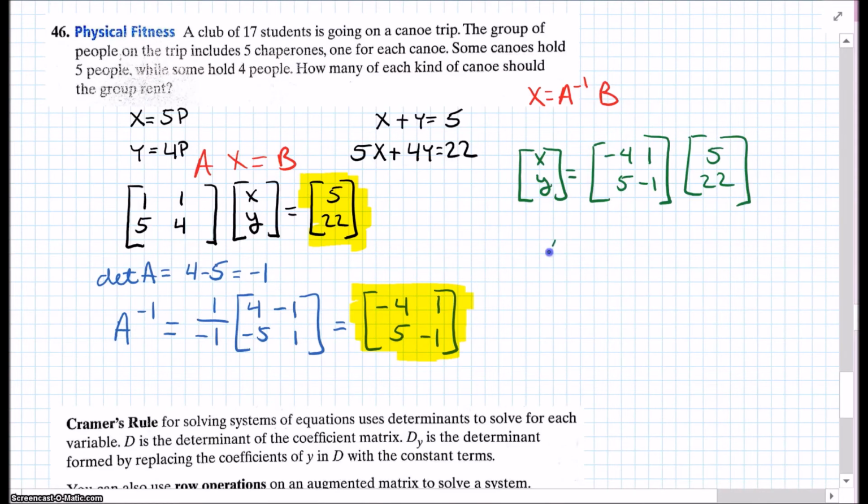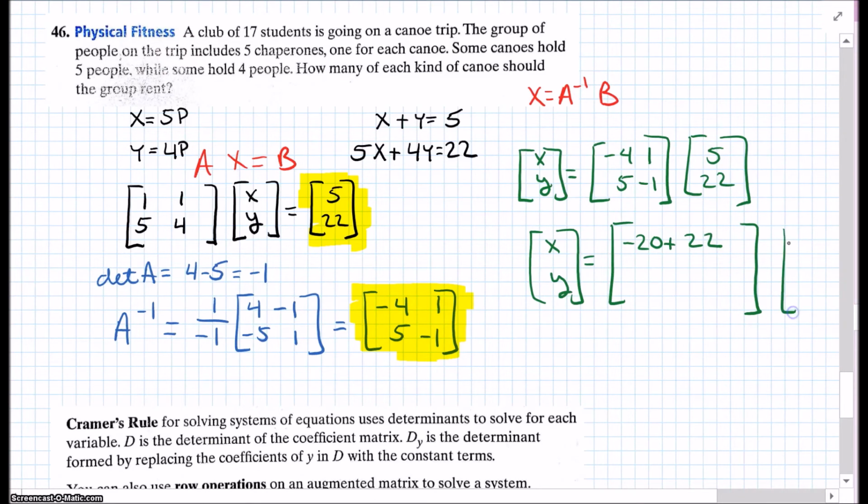So we can set this up. The 2 by 2 matrix times a 2 by 1 matrix is going to give us a 2 by 1 matrix. First row by first column: negative 4 times 5 is negative 20, plus 1 times 22, so that's going to give us a value of 2.